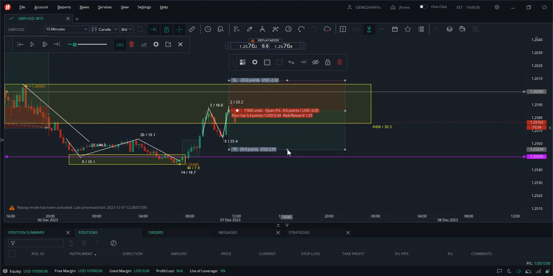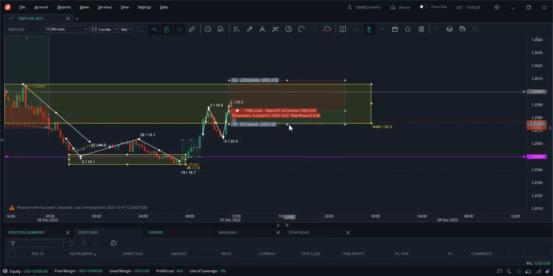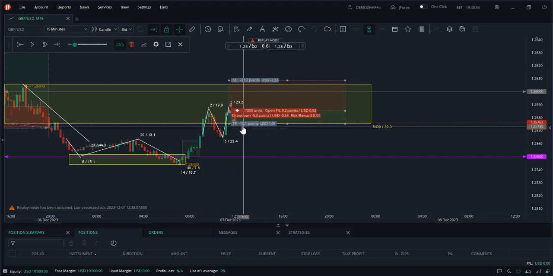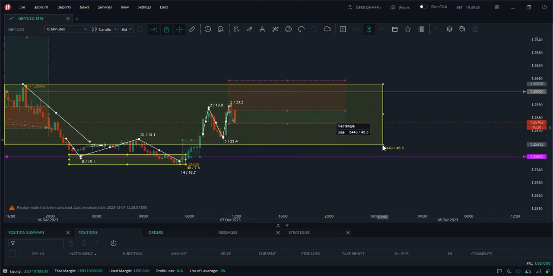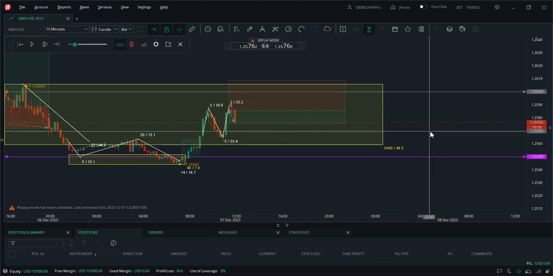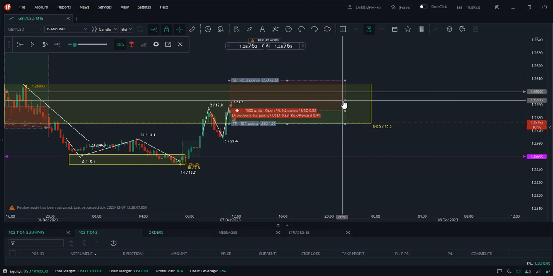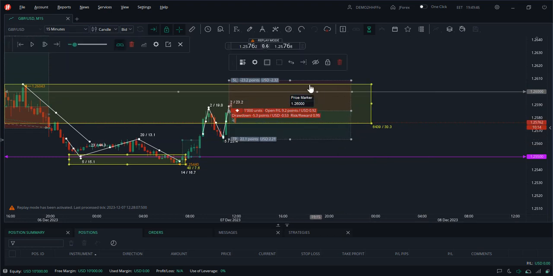Let's calculate these pips. Oh, this is 10 pips already. So since you have gotten 10 pips profit, move stop loss to break even.